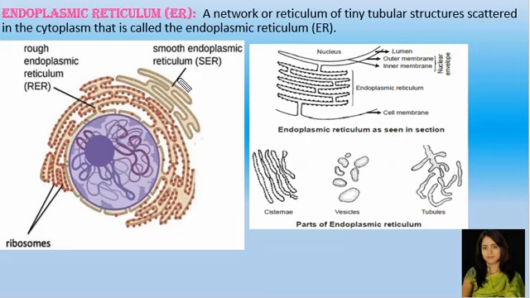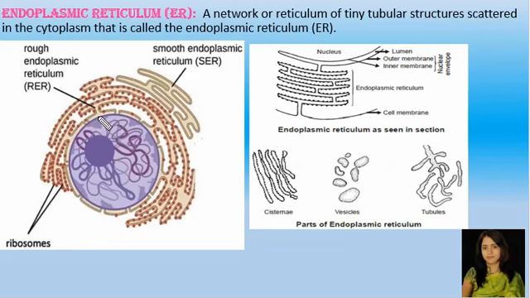The luminal compartment forms sac-like structures, a lumen or cavity-like structure, and outside the lumen the cytoplasm is present, that is the extraluminal side.